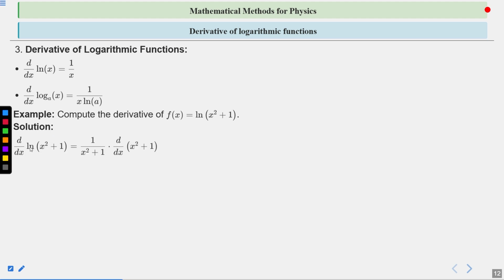So log of x square plus 1. First 1 upon x square plus 1 into the derivative of x square plus 1, which is what? So f prime of x is equal to 2x, the derivative of x square is 2x, divided by x square plus 1. So the overall value is this one.